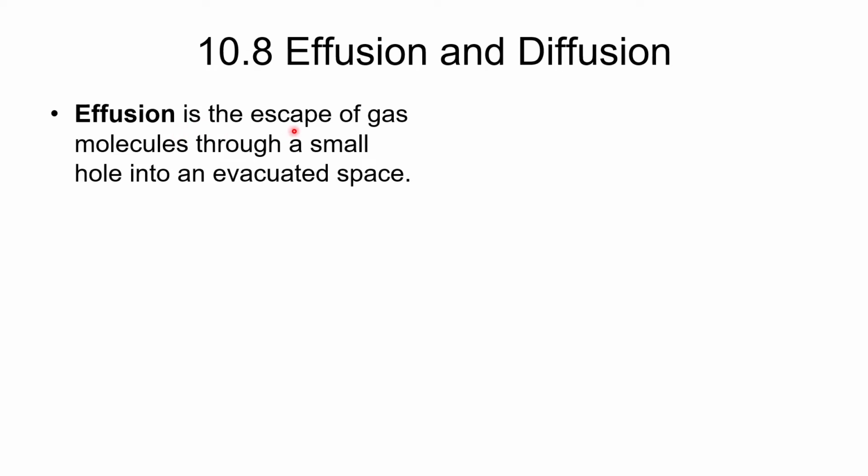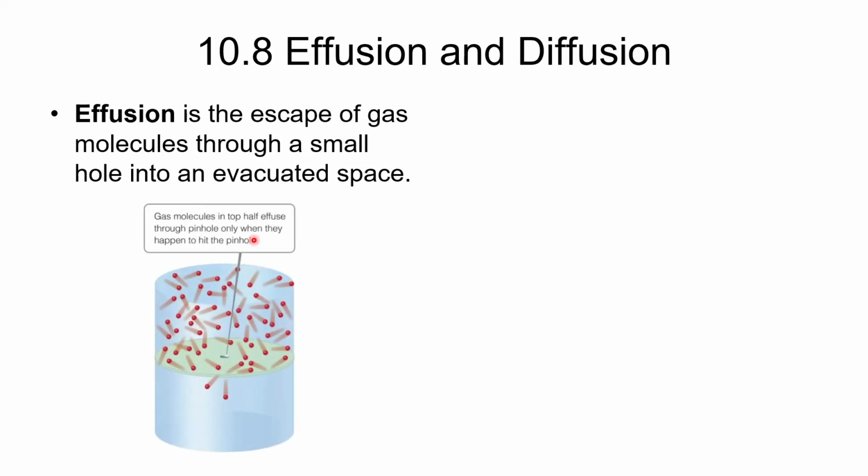All right, so next we want to look at effusion and diffusion, and these are related processes. Effusion is the escape of gas molecules through a small hole into an evacuated space.